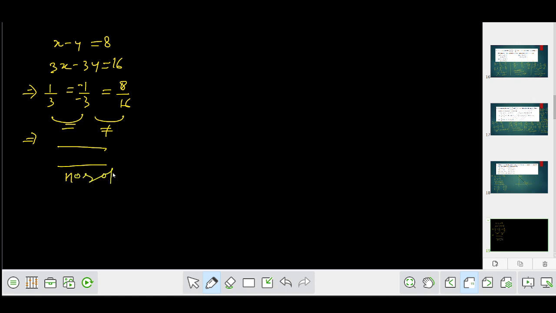If there are no solutions, that means it is inconsistent. Clear? That is inconsistent. So according to the question, we will not draw the inconsistent problem.